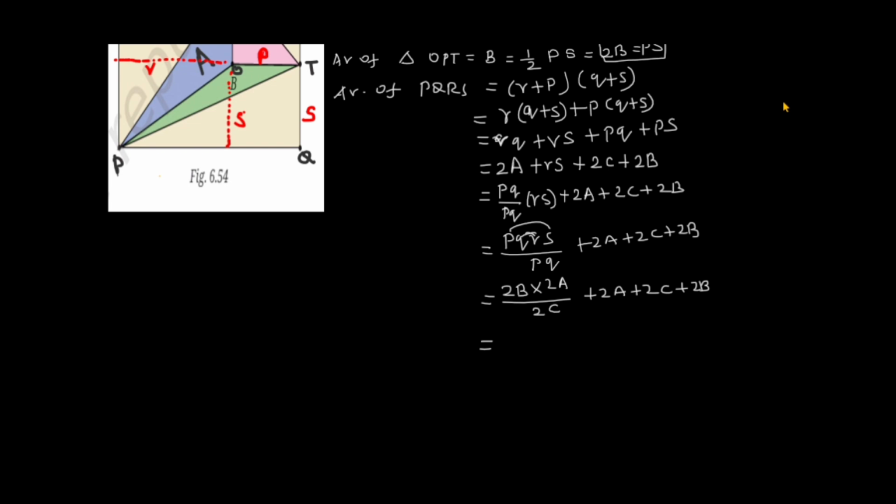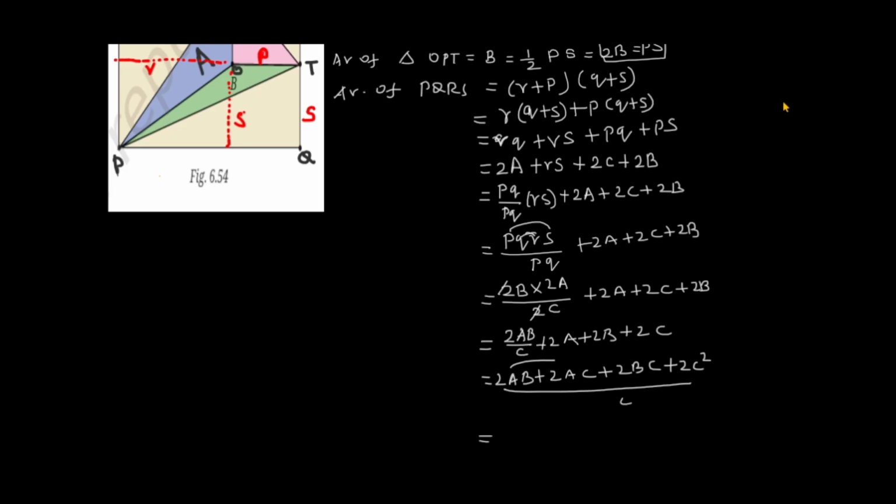Now, in the numerator, we can cancel 2 and 2 because that is there in the product. So we can cancel. So 2AB by C plus 2A plus 2B plus 2C. Now, take LCM. 2AB plus 2AC plus 2BC plus 2C squared divided by C. Now, combine it.